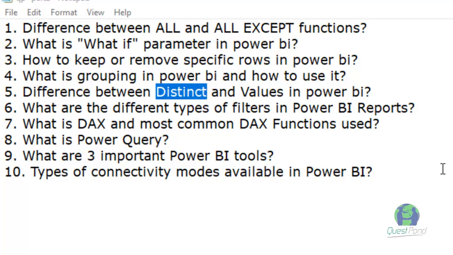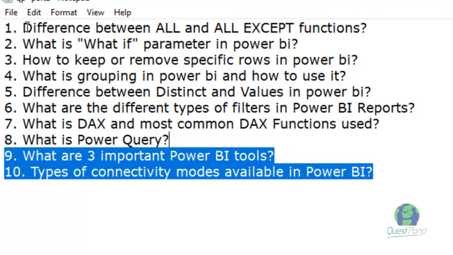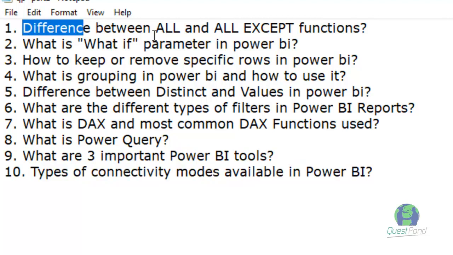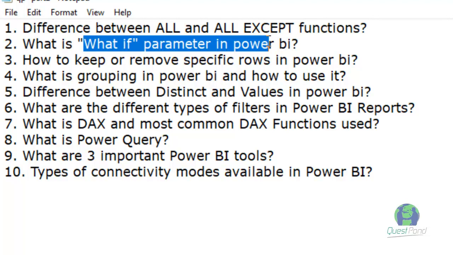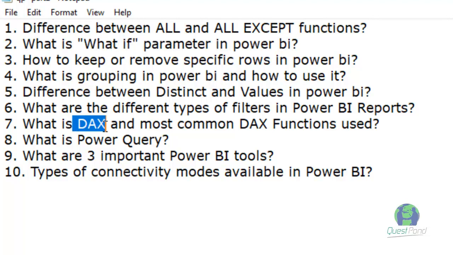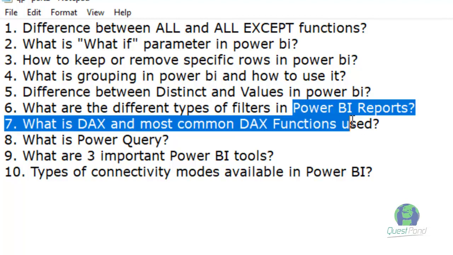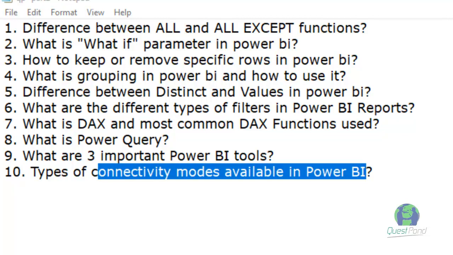The questions we are going to cover in part 2 are the differences between ALL and ALLEXCEPT functions, the differences between the DISTINCT function and the VALUES function, the What-If parameter in Power BI, what DAX is and the most common DAX functions, the different types of filters in Power BI reports, and the types of connectivity modes available in Power BI. So all these questions we are going to cover in our part 2 video, so stay with us.